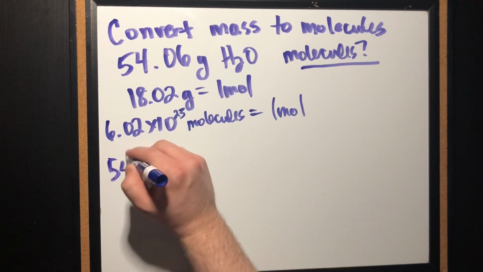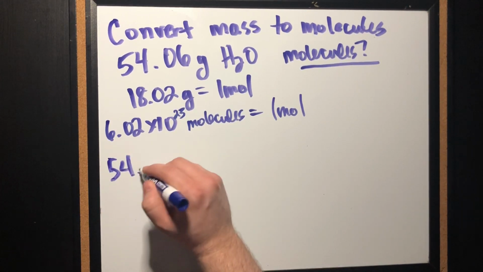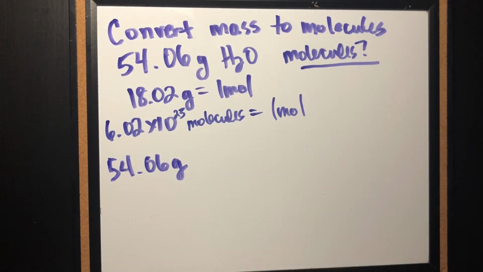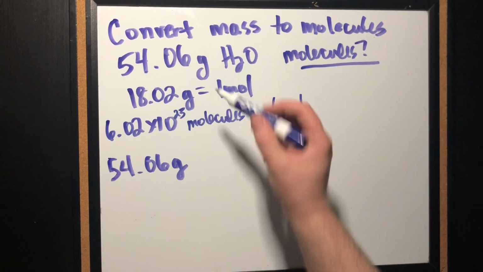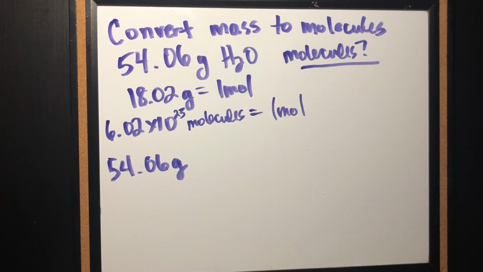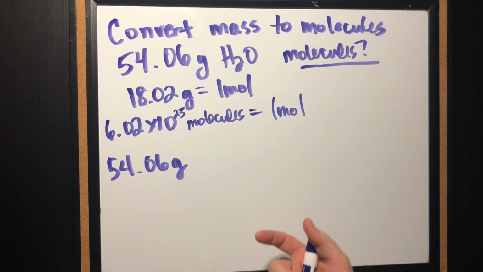So if I have 54.06 grams, first, and this is kind of the hard part, I can't jump straight from grams to molecules, right? I have to find the connecting step. This is where the problem-solving part of conversion factors and dimensional analysis comes in.